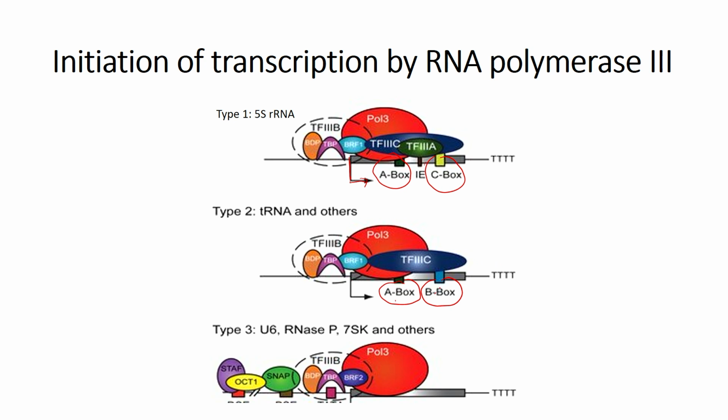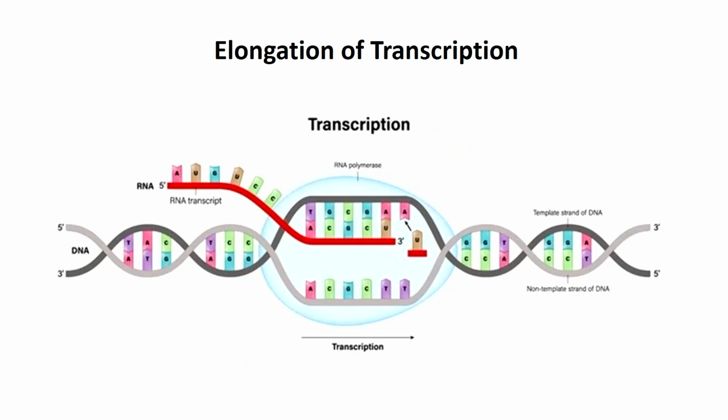That means promoters are in the downstream region. Here also it is binding like this. But RNA polymerase will sit at the +1 region. That means transcription will occur from here only. Okay. So, this is initiation of transcription by RNA polymerase 3.